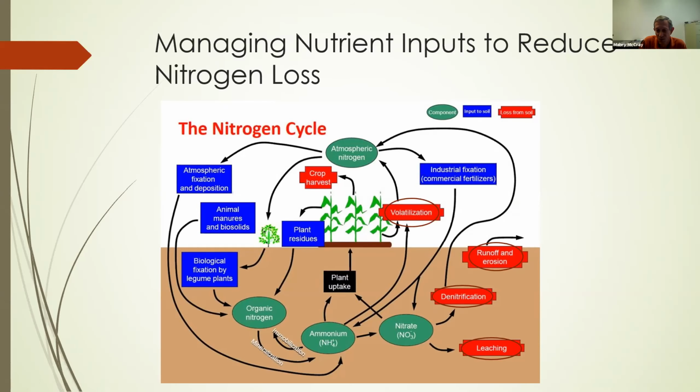It's going to be very mobile in the soil and leach. And so the potential losses are going to include volatilization, runoff and erosion, denitrification, and leaching. What you want to try to do is get as much of the nitrogen that's applied actually in the crop and going into the crop harvest.